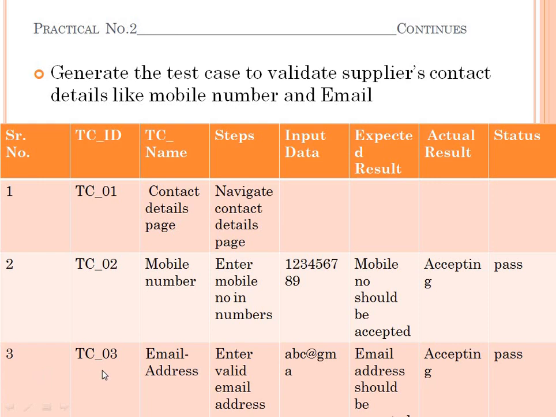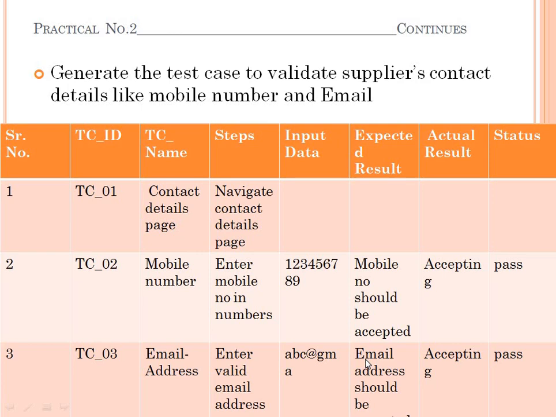Then the third case is TC03. The TC name is email address. Step: enter a valid email address. Here the input data is abc@gmail.com. If we put only abc.gmail.com, the test case is not accepted, and it is a fail.